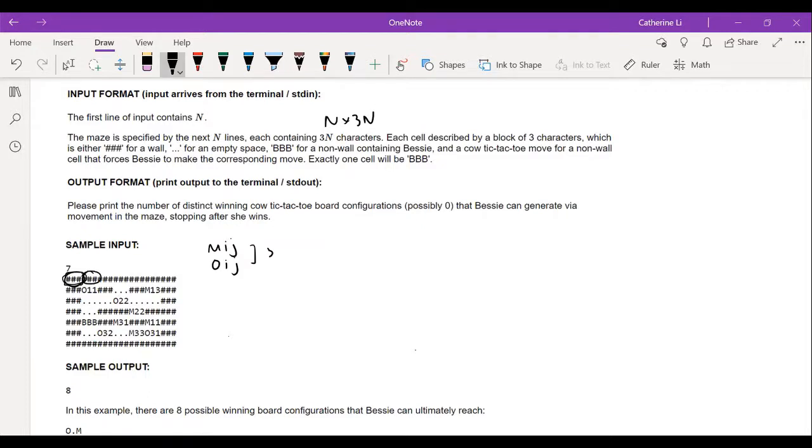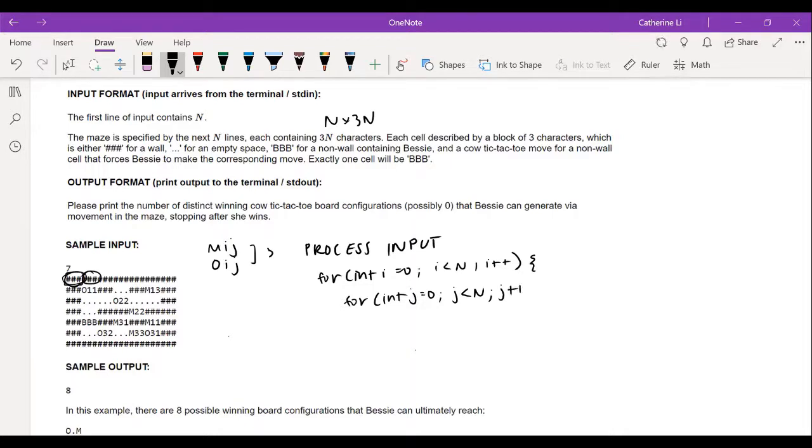Okay, so first thing we're going to do is, because the input is a little bit different than normal, to process it, we're going to basically go from 0 to n minus 1 for the row, and then 0 to n minus 1 for the column.